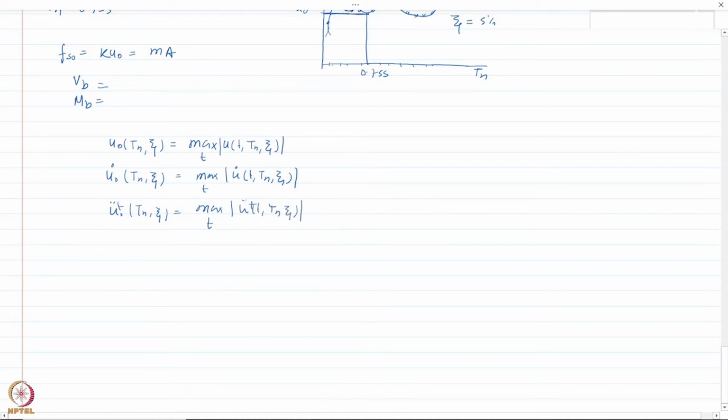All right, so using this we can vary the value of Tn and find out different response spectra. For example, if I do this for displacement, it gives me the deformation response spectrum.